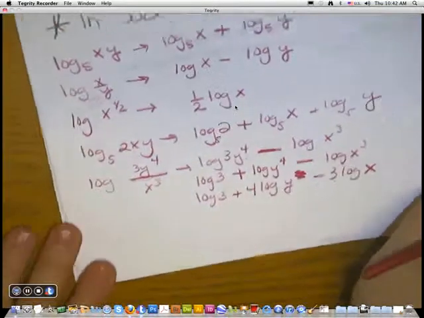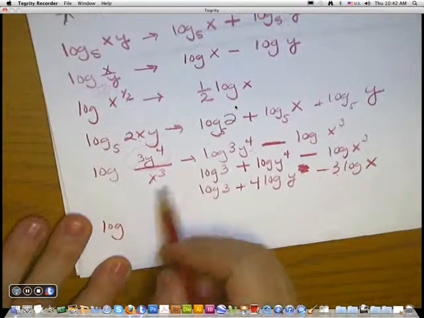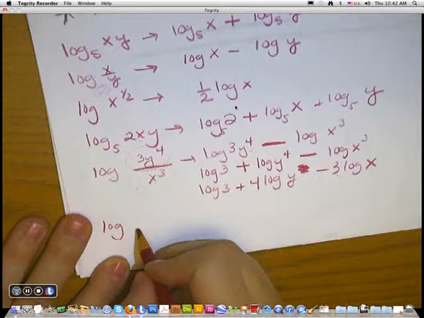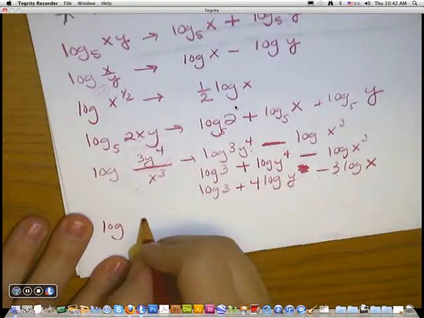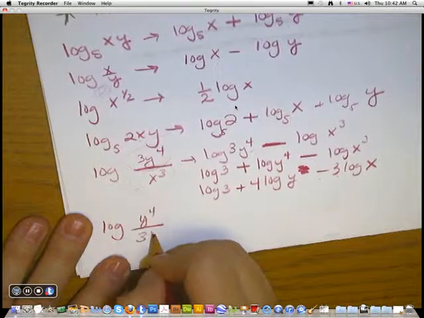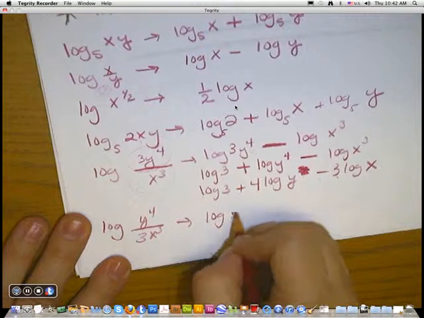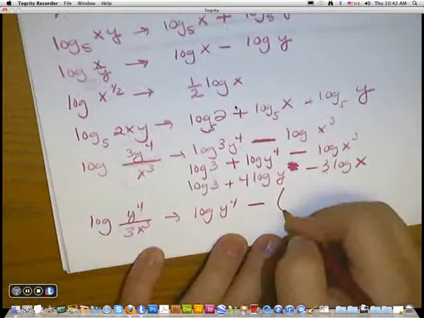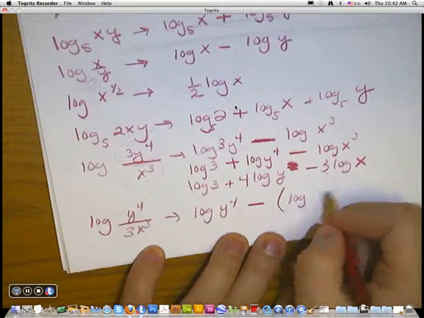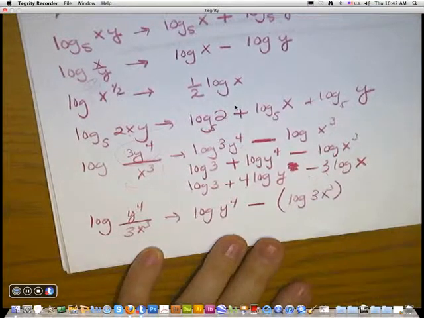I do caution you to be careful when there's more than one thing in the denominator. So in this case, let's go log, and we'll do something similar here. We'll go y to the 4th over 3x cubed. So we would still separate log y to the 4th minus, but in this case we're subtracting all of it, 3x cubed.